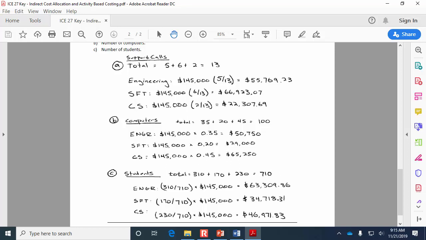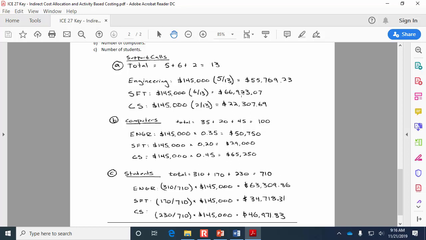And so the engineering people may say, well, let's do it on the basis of the number of computers that are used by each division. And that would make their bill the lowest. Whereas the computer science people would say, no, let's not do it on the basis of computers that are connected. Let's divide up the pie of who has to pay the bill on the basis of support calls per week. And since their support calls per week are relatively low, that would mean their bill is the lowest.